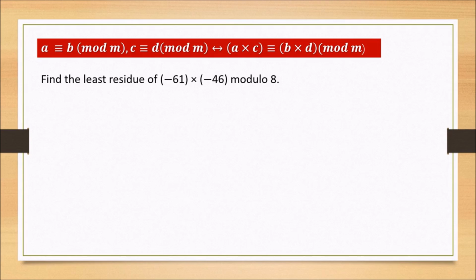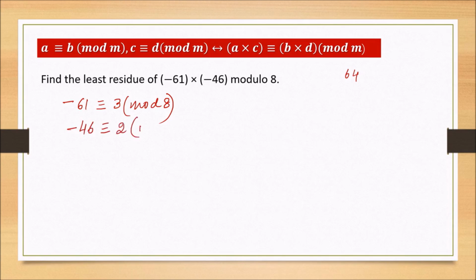Find the least residue of negative 61 times negative 46 modulo 8. Negative 61 is congruent to 3 modulo 8. Since 8 eights are 64 and 61, this will be 3. Similarly, negative 46 is congruent to, 8 sixes are 48, so this is 2 modulo 8.